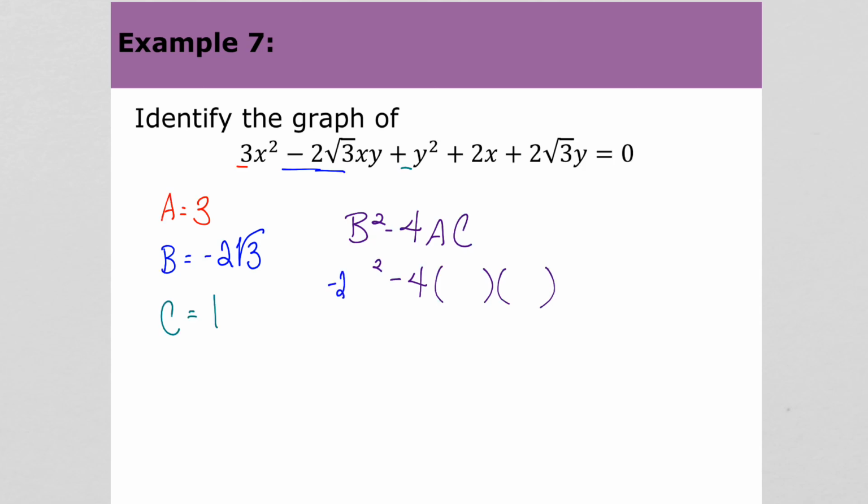So -2 root 3 squared minus 4 times 3 times 1 will give us, let's see, root 3 squared is 3.